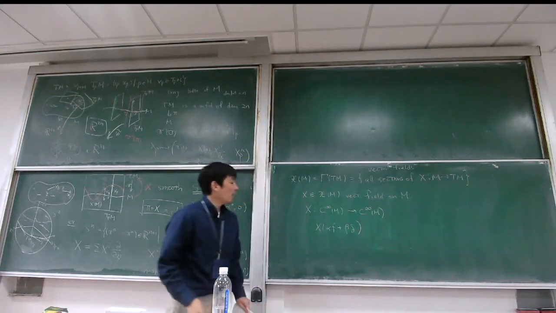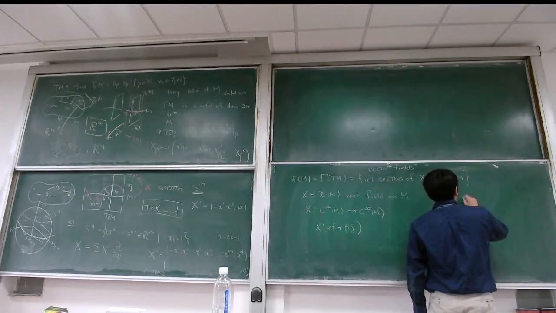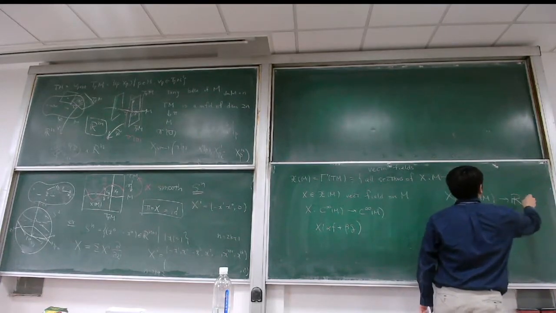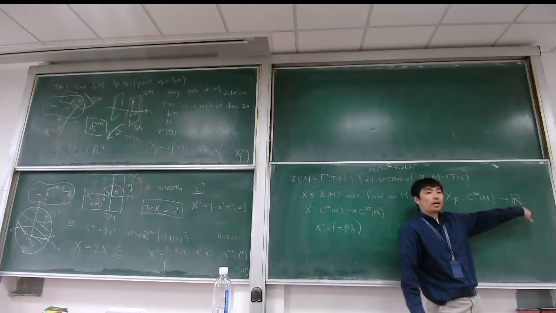The last time, in the first half of the lecture, we learned that the tangent vector is a map from functions to R, right?